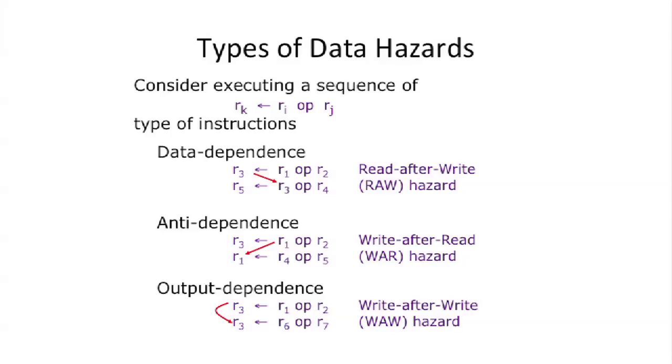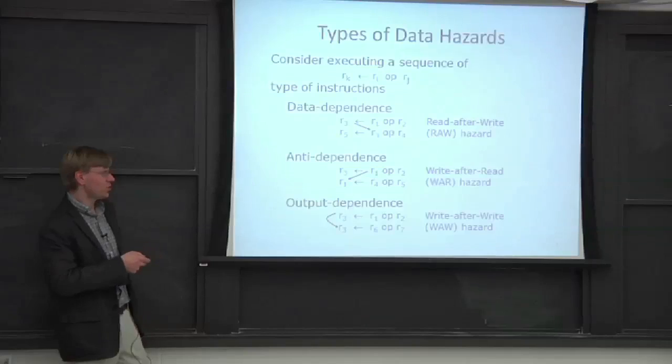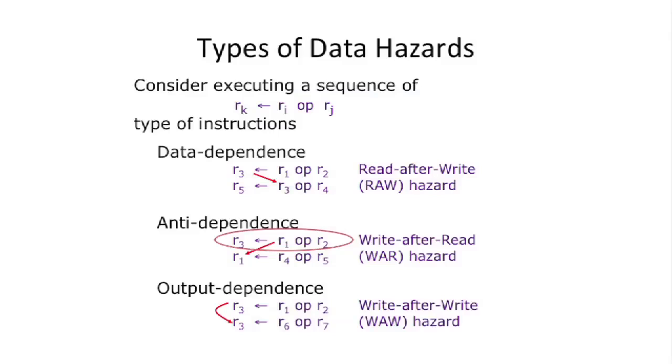Let's look at something a little bit less intuitive. Let's look at a hazard where this instruction reads register 1, and the next instruction writes register 1. That should be no problem. Well, today we're going to give an example of a pipeline where this could potentially be a problem.